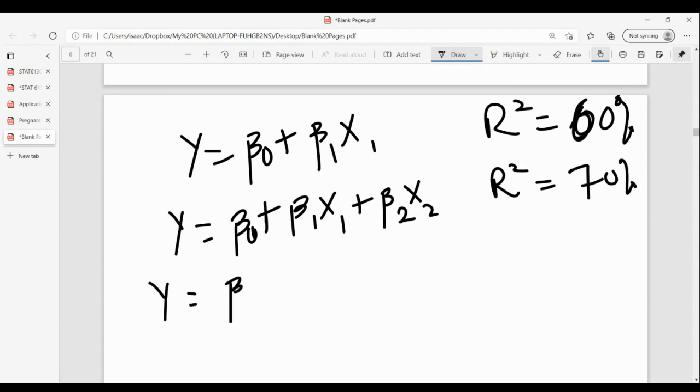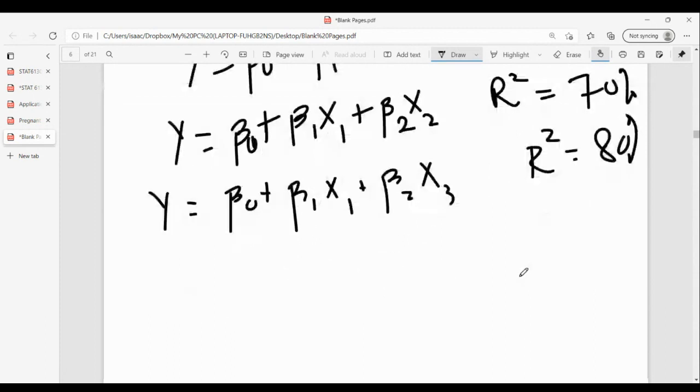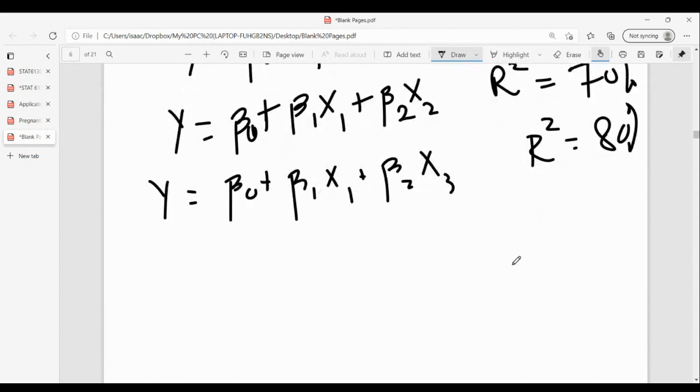So you keep on adding here, right? What happens is that R squared always improves, always goes up, which is good. But then the question is, how many variables would you take, right?